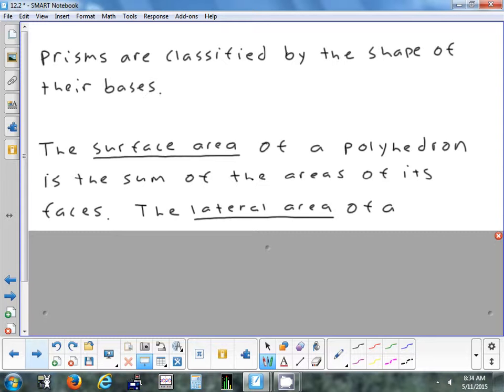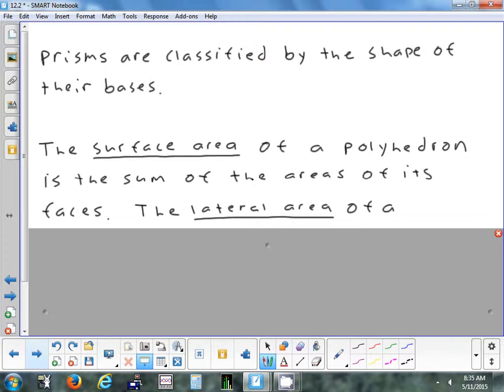What do you think the lateral area would include? If the surface area is the area of all the sides, lateral area is not going to be all the sides. It's going to be all the sides except for what? Except for two sides. Which two sides? Bottom and top. Yeah, your bases.